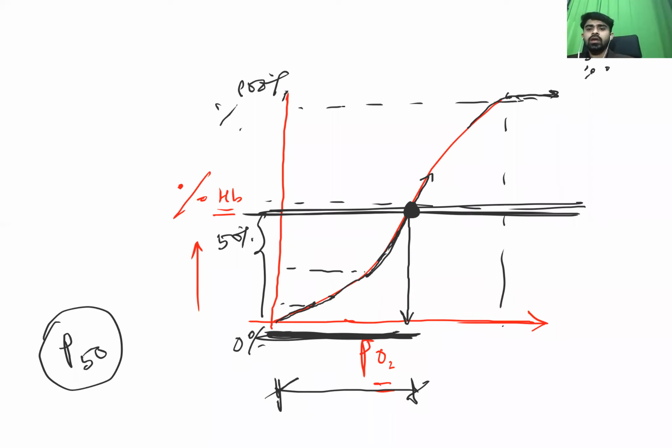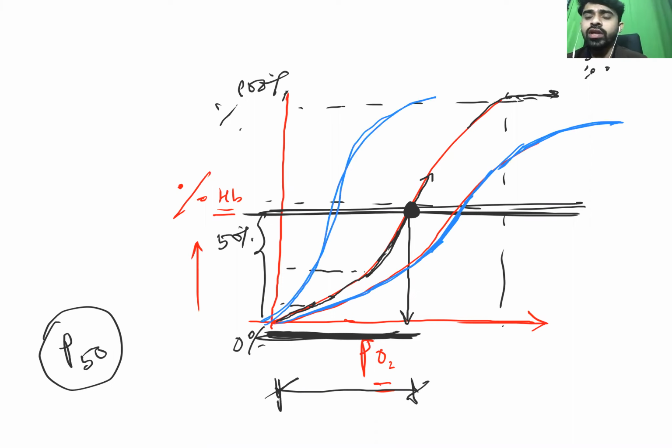Okay, all right. Now the next question is: if I draw a curve at the right side of the main curve, I am using a different color, and if I draw another curve on the left side of the main curve, both are sigmoid, but the positions are changed. Now tell me, this is the first one, this is the second one, this is the third one.